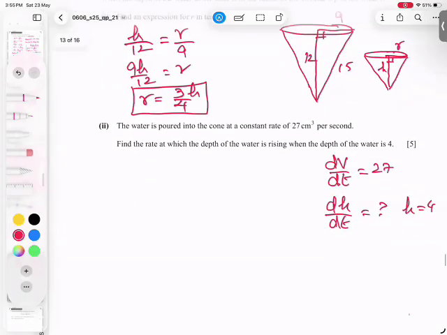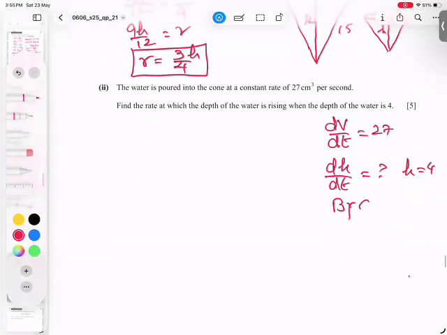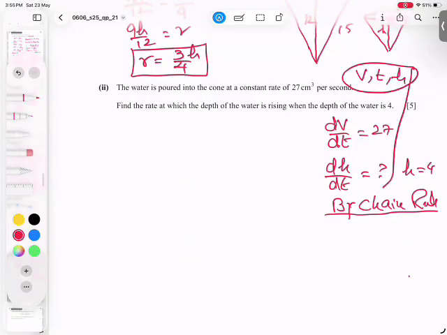So first of all, I write the chain rule. The reason is, whenever we have more than two variables, we use the chain rule, like height, volume, and time. Look again: volume, time, and height, three variables used. We must use the chain rule. What is my job to find? dh by dt.